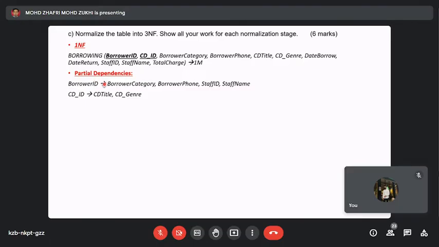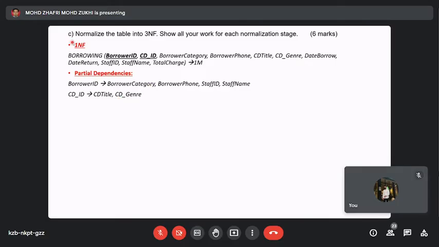For borrower ID, the dependents are borrower category and borrower phone. And from borrower ID we can also get the staff ID and staff name, because the staff might serve the borrower. And for the second primary key, CD ID, the dependents are CD title and CD genre.